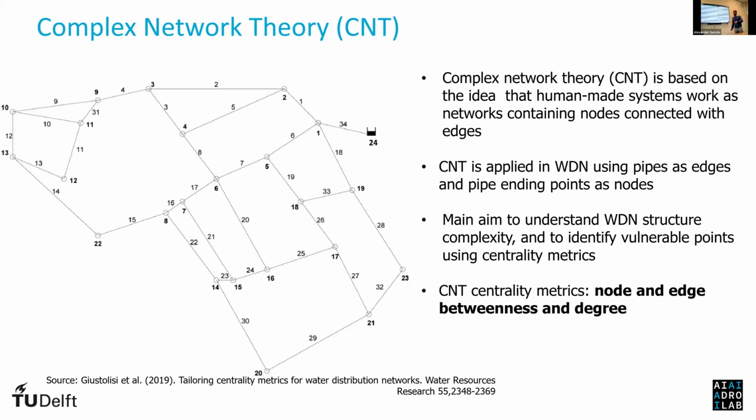It has been used in the past, as in this work as well, by Giustolisi et al., creating metrics that give you an understanding of the complexity of the structure and of vulnerable points in terms of hydraulic loss. The most common are the node and edge betweenness and degree.